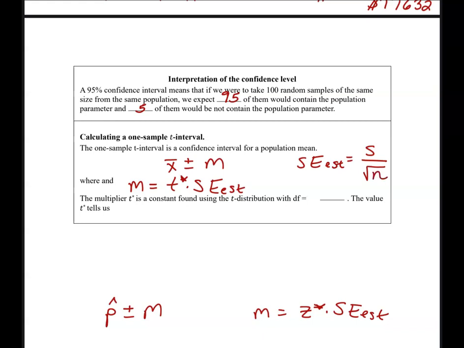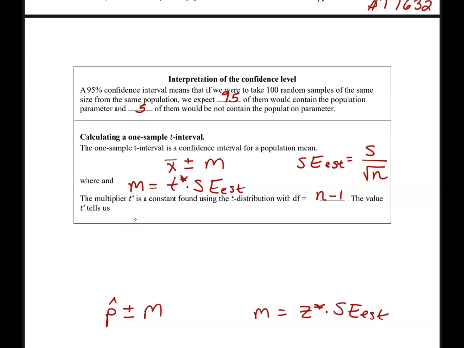How do we get that t star value? Well, that depends on the degrees of freedom. Degrees of freedom, of course, is n minus 1. And so we would get this t star value using either a table. Maybe if you took stats in high school, you might have had a teacher that had you use a table for these t star values, or we're going to use StatCrunch to do that.